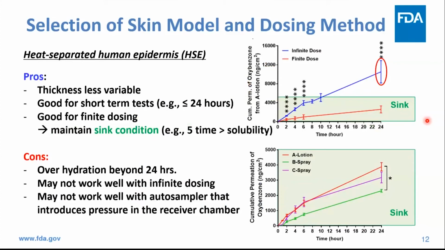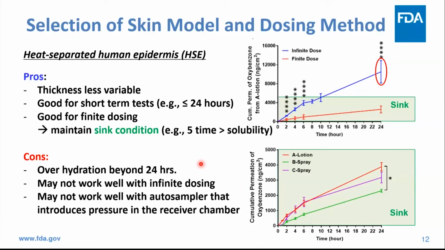And if we use a finite dose for IVPT with HSE, we can see at the bottom panel that all the products have a permeation concentration, at most at 24 hours, that is still lower than the skin condition limit if calculated by 5 times of its solubility.